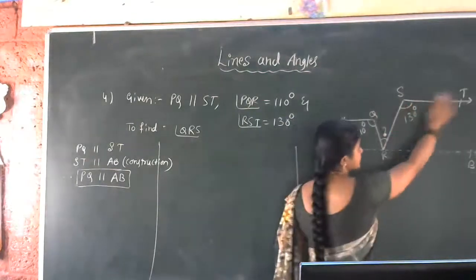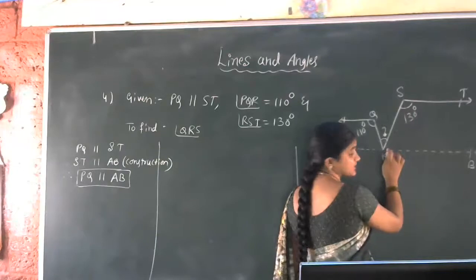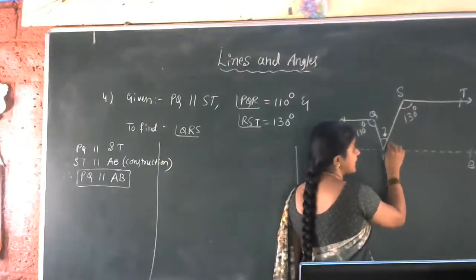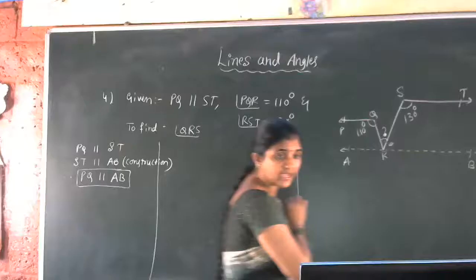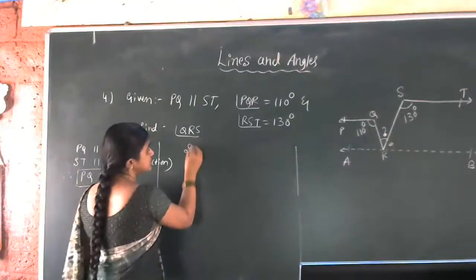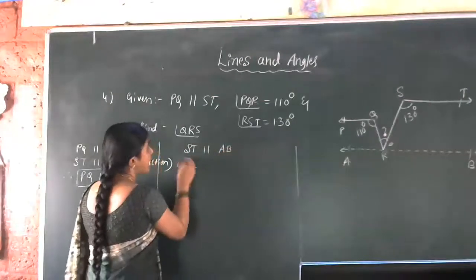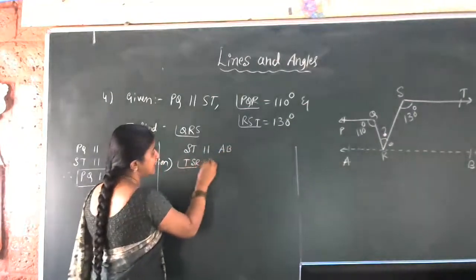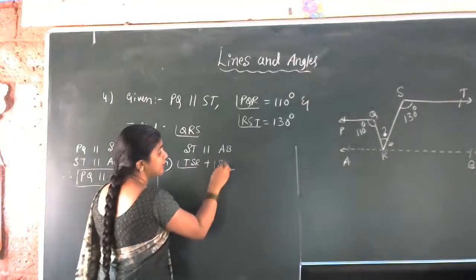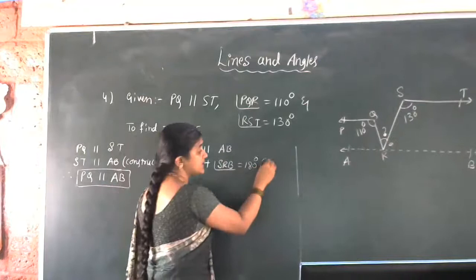Okay. The ST line is parallel to the AB line, so the interior angles on the same side of the transversal concept will apply. Then first we'll work out this angle. Is it okay? Yes. Now the ST line is parallel to the AB line. Therefore, angle TSR plus angle SRB is equal to 180 degrees. What is the reason for this?